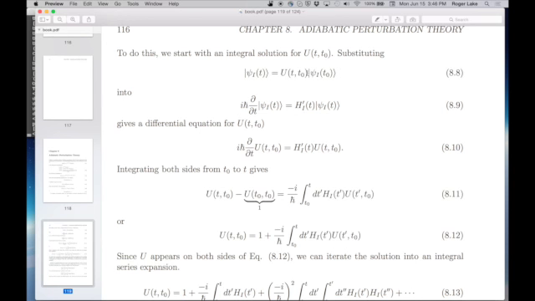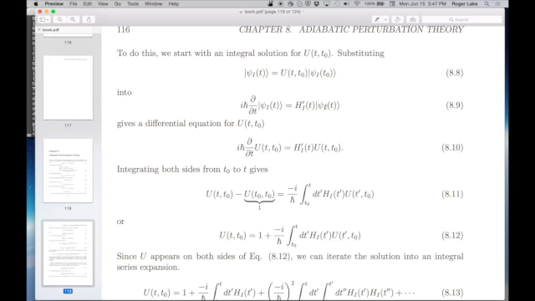Okay, and so now we just replace psi I of t with this. We replace psi I with this up here, and we do that on both sides. This psi I(t0) is just a constant on both sides, and so you end up with this equation of motion for your propagator or your S matrix.